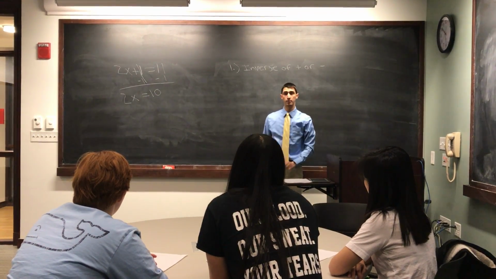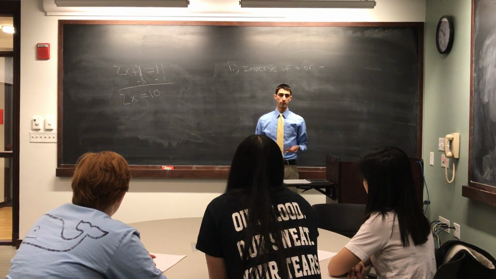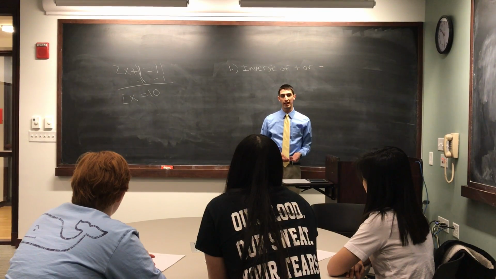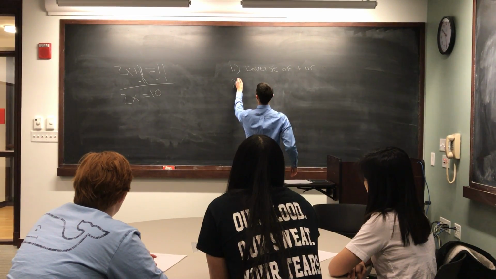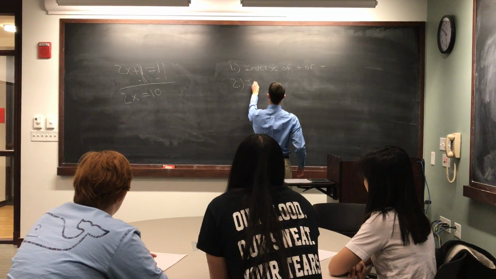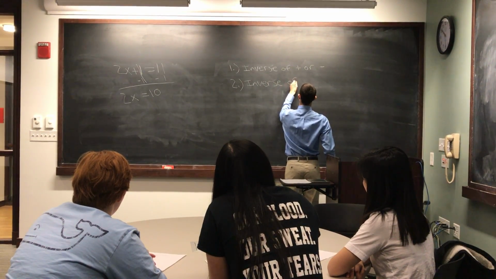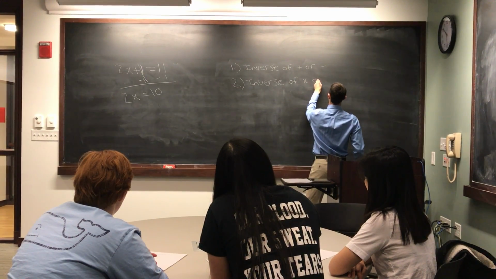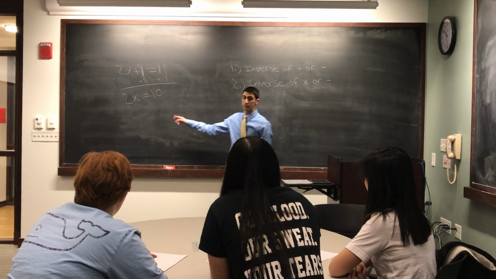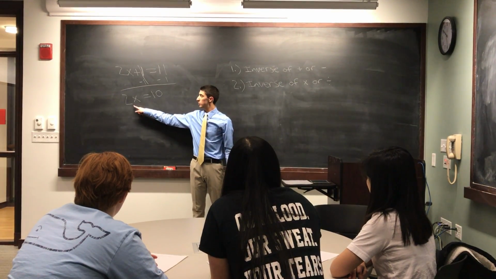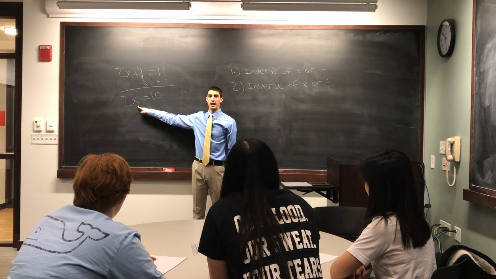Now the second step for solving an equation like this is to simplify using the inverse of multiplication or division. So we can see here that this 2, which is a coefficient of the x, is multiplied by x.